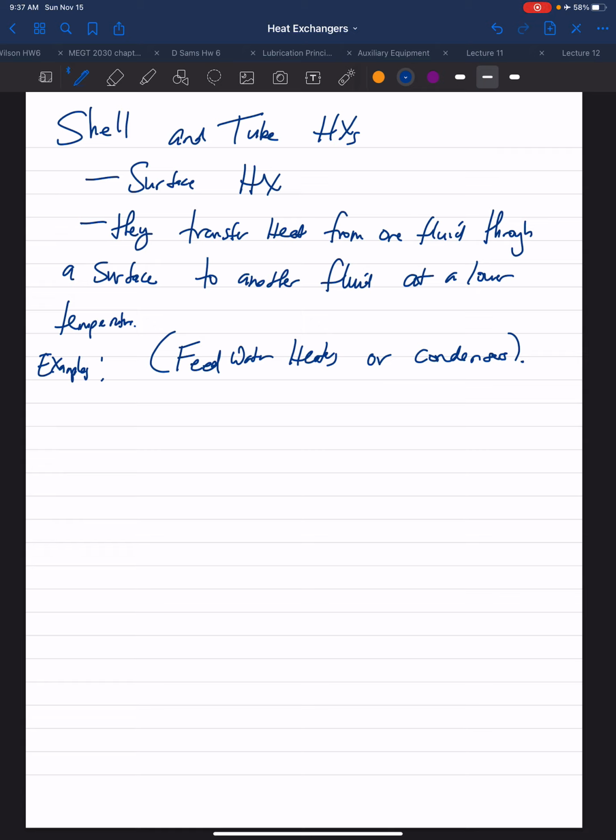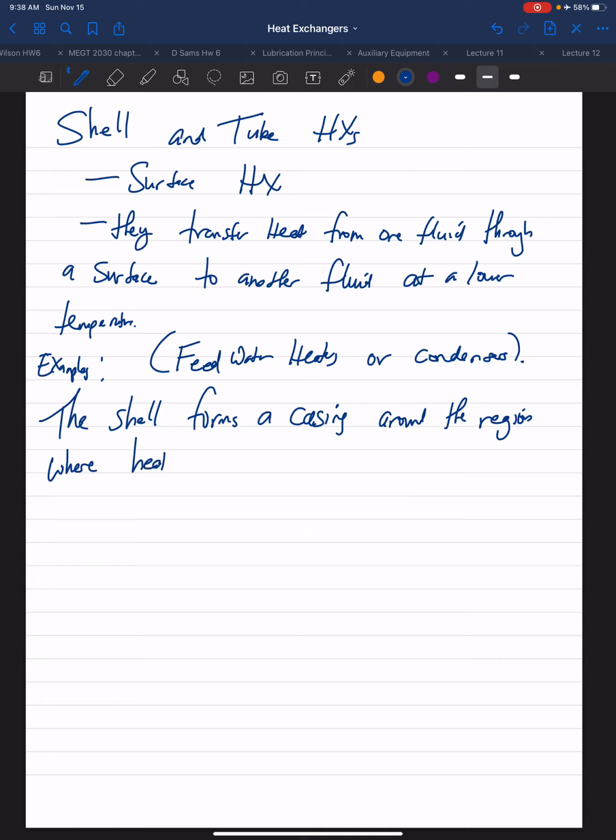So in the shell and tube heat exchanger, the shell forms a casing around the region where heat transfer occurs.